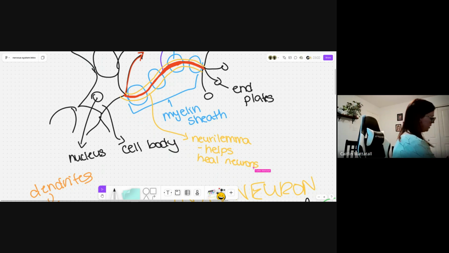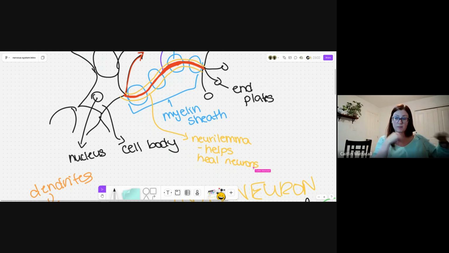The special thing about the neurolemma, or I don't know if it's special, but the interesting thing about the neurolemma is that it is not found on any of the axons in the central nervous system. It is only found on those in the peripheral nervous system. So axons found in your brain and spinal cord do not have a neurolemma. So they do not have this regenerative structure.